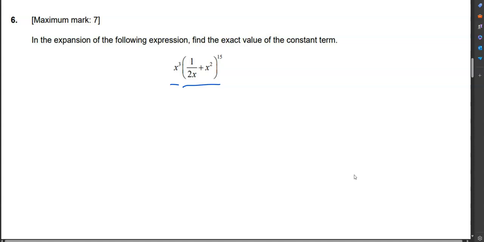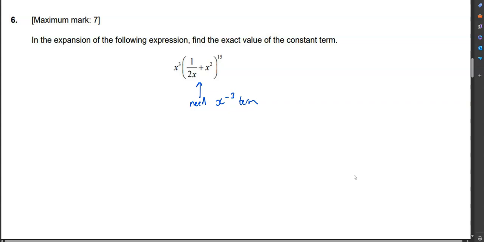So for this to get a constant term, we need the x to the minus 3 term, because then when we multiply it by x to the power of 3, we're going to get x to the power of 0, which is our constant term. Now this can be harder in later questions where we have 2 different ways of getting a constant term. Luckily here, we've only got one way of getting that constant term.